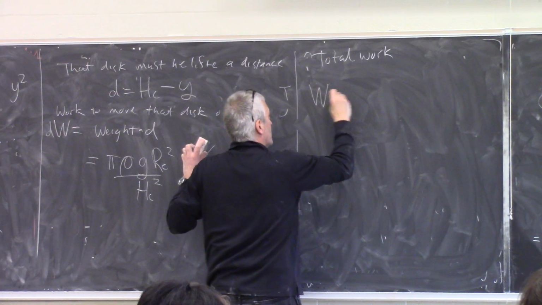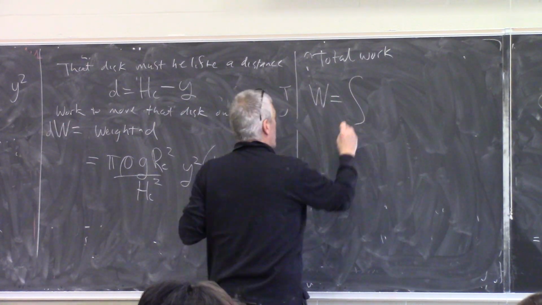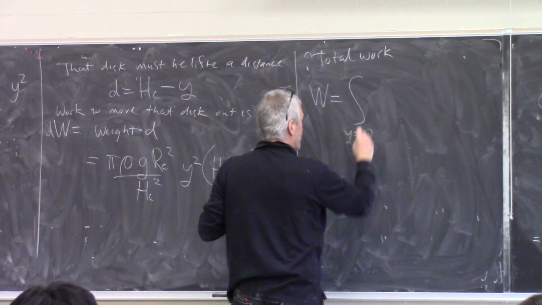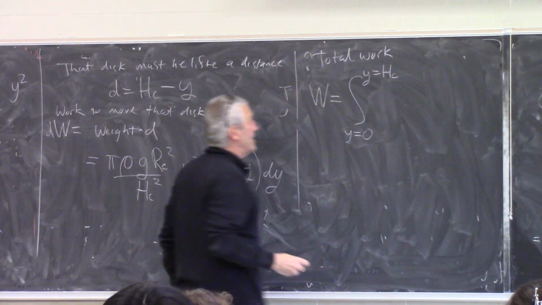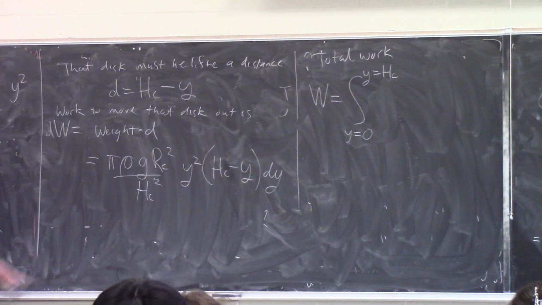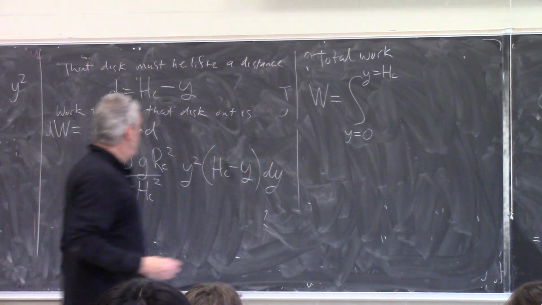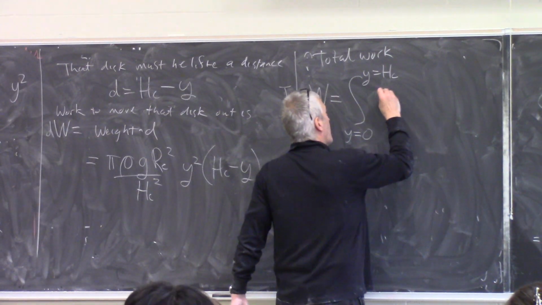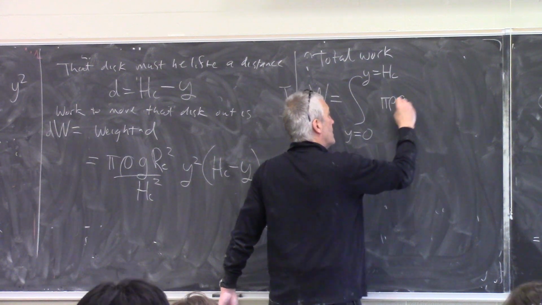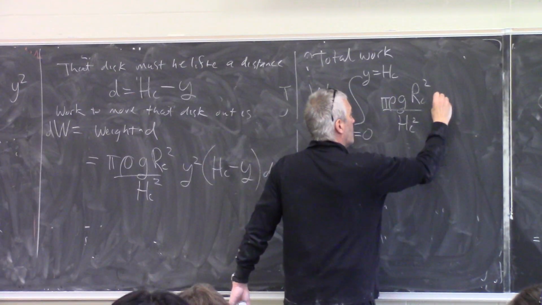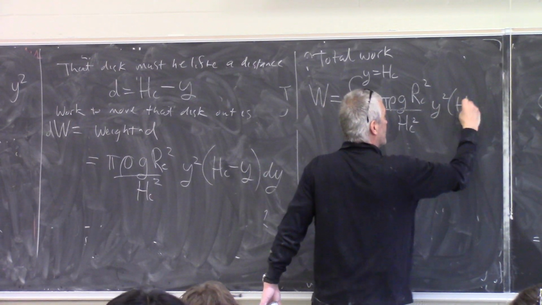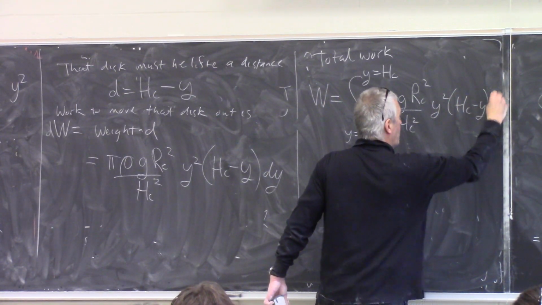is I have to integrate. The bottom of that water is 0, and the top of the water, the highest disk, is at y equals Hc. All this junk, pi rho g Rc squared over Hc squared, y squared times Hc minus y dy.